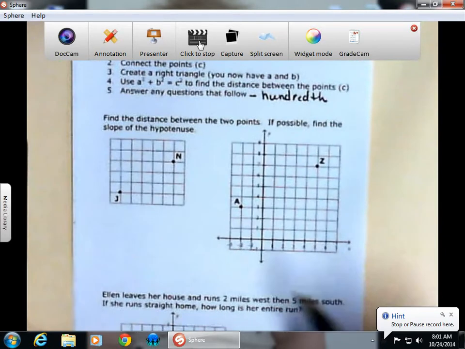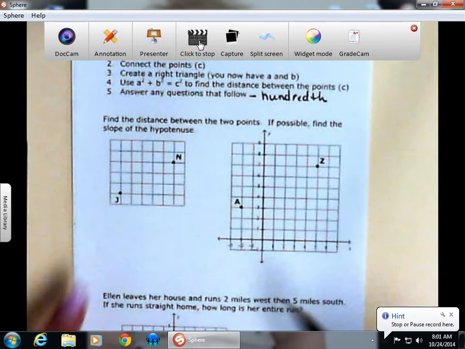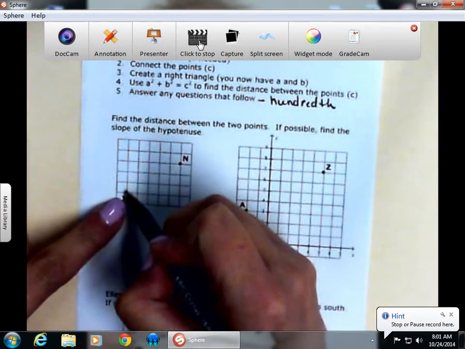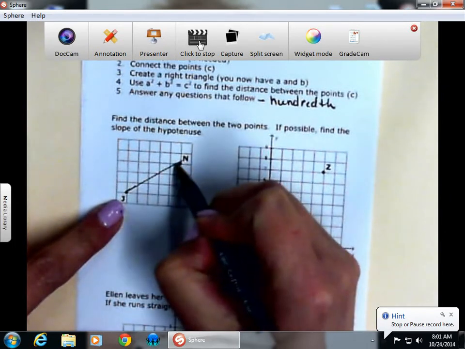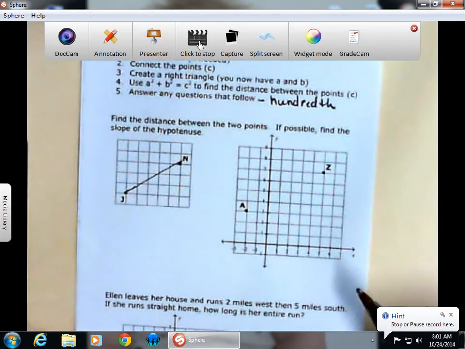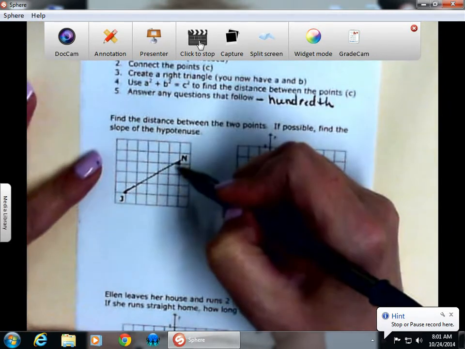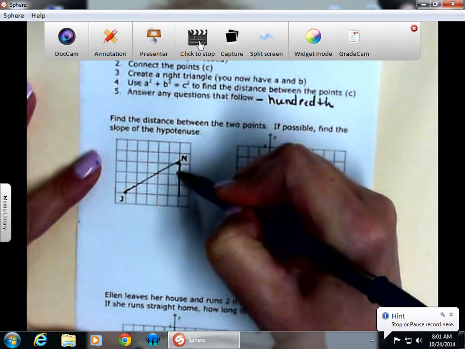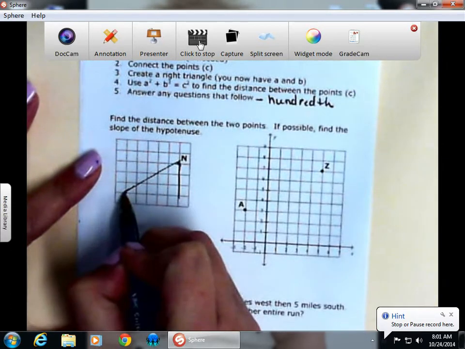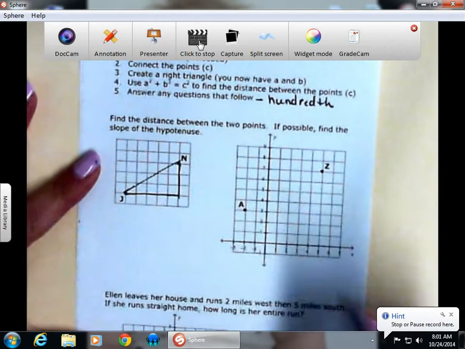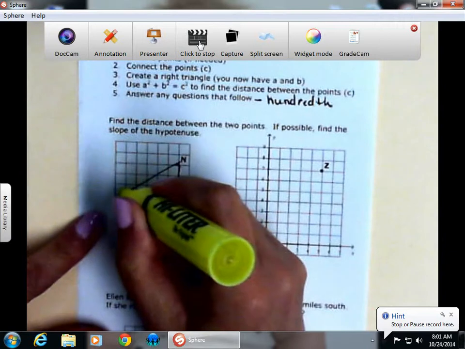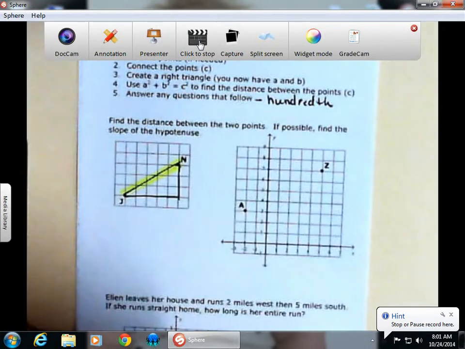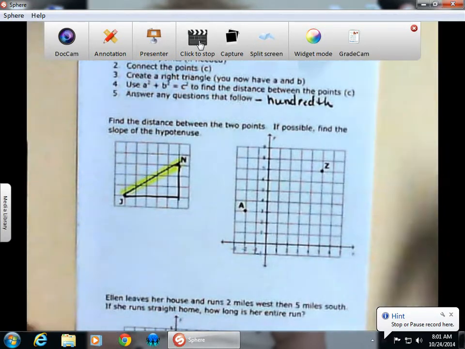Alright, so we've got J through N. I'm going to draw a line, and then we're going to look at taking N down to form a leg, and then J over to meet it to make a leg. Let's highlight that hypotenuse, and that's again the J through N. And we're going to call that side C because it's the hypotenuse.